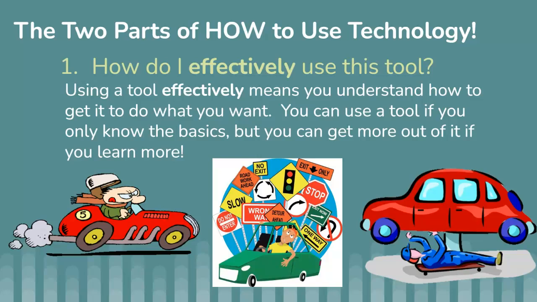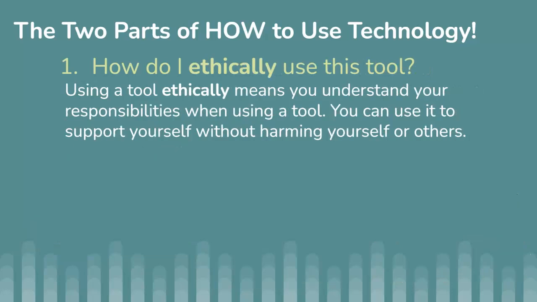You can use it at a basic level, but there's more to it, and the more effective you are, the more you get out of it. The idea of learning more about a car as an example, and realizing all the things about it and how to take care of it and how to use it appropriately, it becomes a more effective tool for you. That's the example.